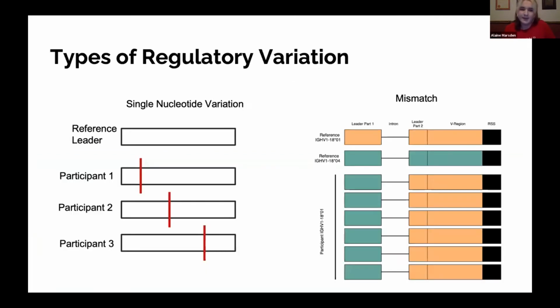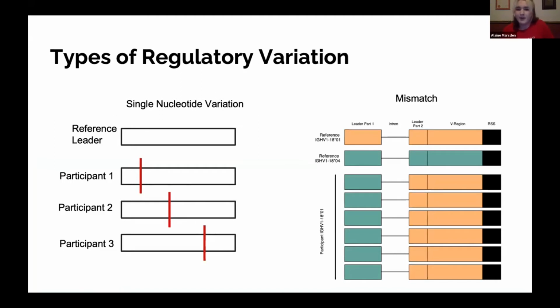And the next thing that we wanted to look at within our NGS approach was variation in the regulatory regions, which we defined in two ways. The first was single nucleotide variation, depicted on the left-hand side of your screen, where participant leader sequences may have had little nucleotide differences from the reference.